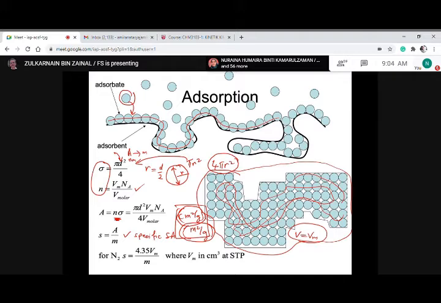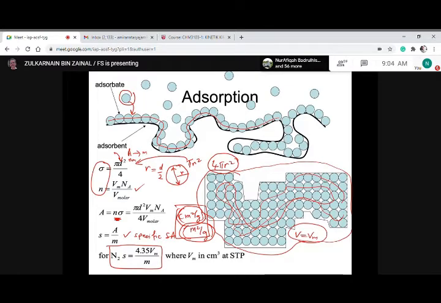For nitrogen, it is even simpler. They have got this formula. You can just multiply Vm by the factor of 4.35, then you can get the surface area for adsorption of nitrogen gas on the surface of the substance.